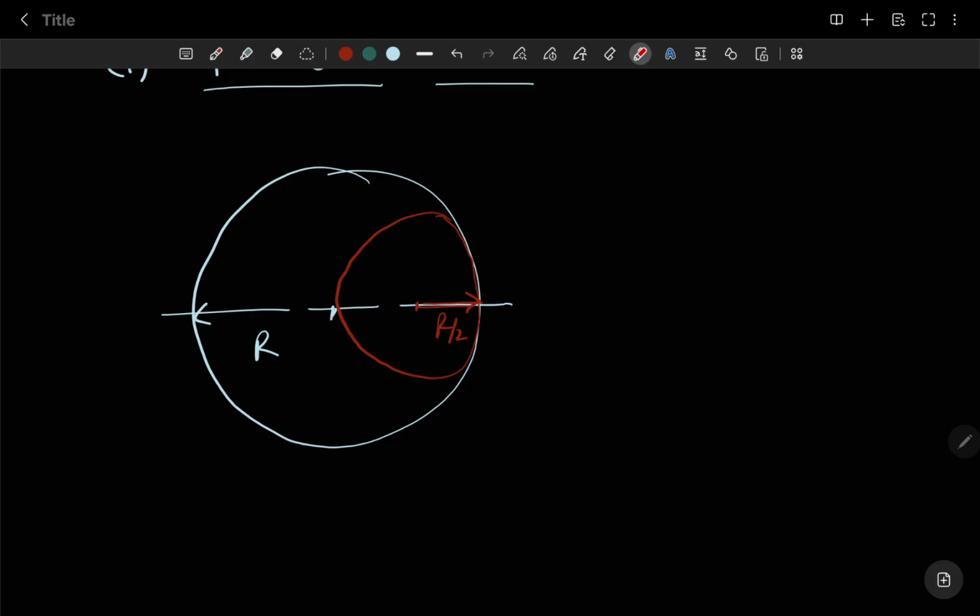So for the whole system, that is the whole disk, we know the center of mass lies at the center, that is 0, 0. So this is m1 and this is m2. For this m1 disk, the center of mass lies here at this point. If this is 0, 0, this point is r by 2, 0.